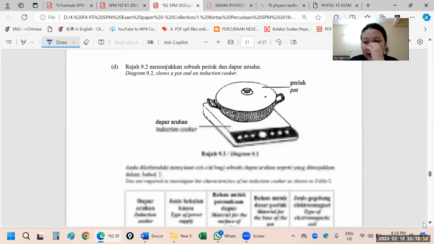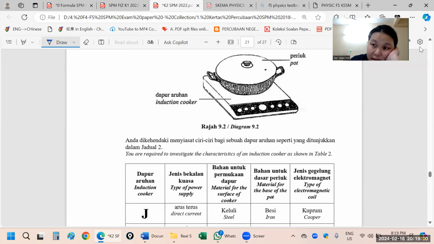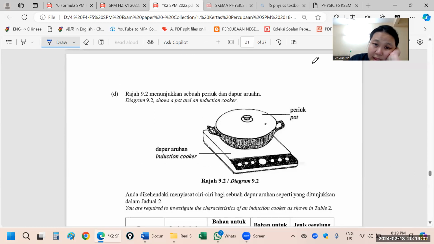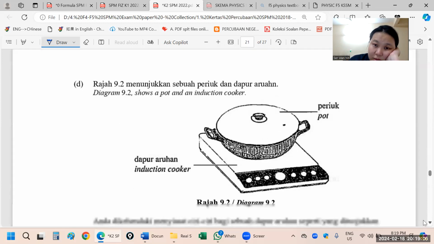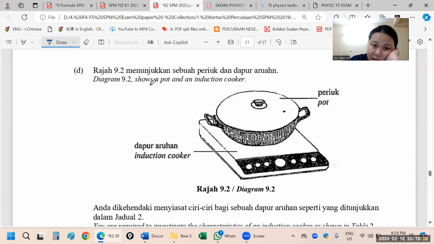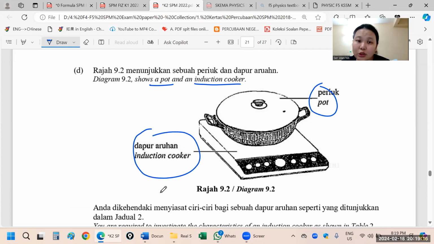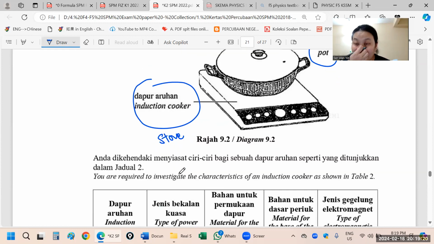Now, this one is a common mistake students make. This is a pot and induction cooker. Here there are two things: up here is the pot, down here is the cooker, the stove. Read properly.